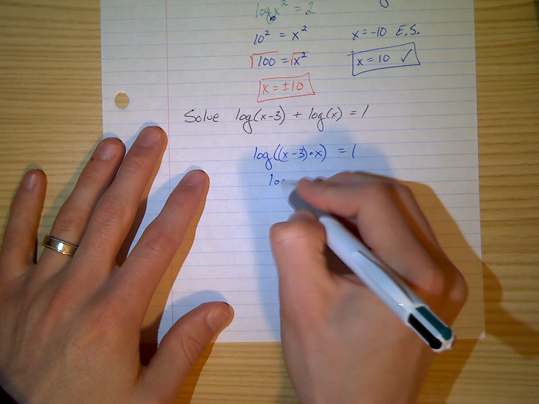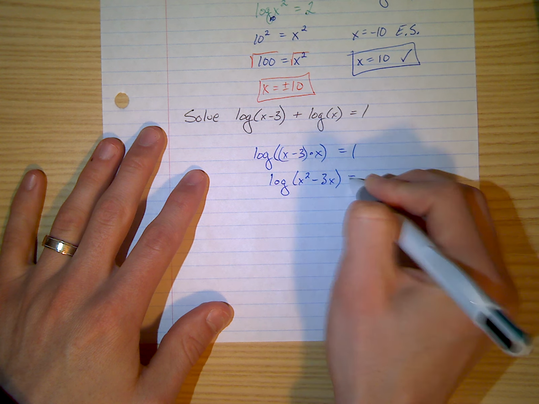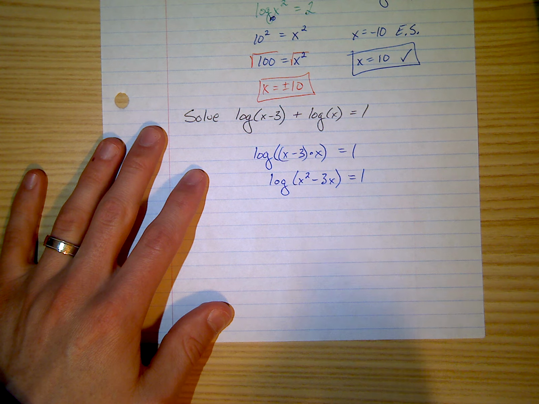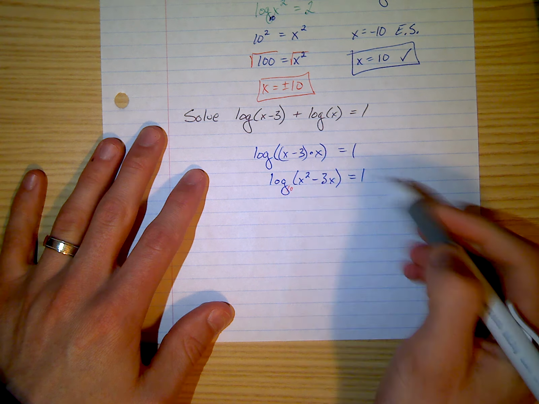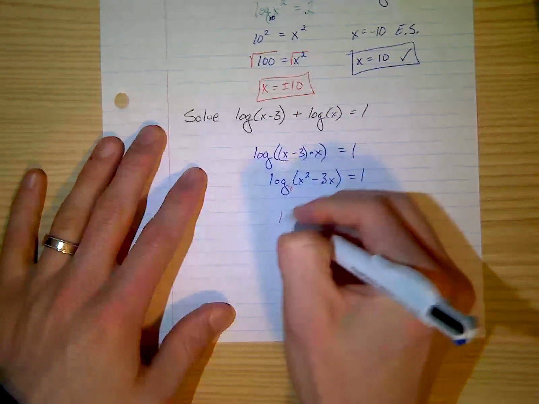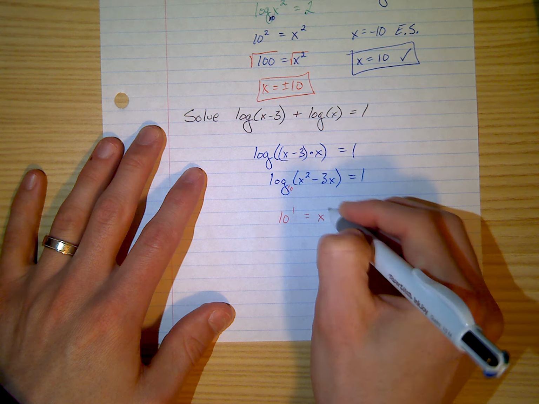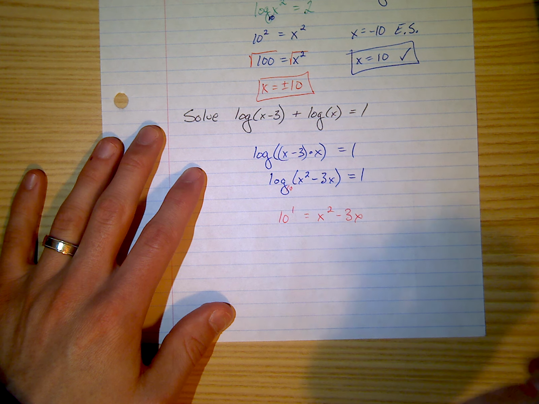So this becomes the log of x squared minus 3x is equal to 1. The logarithm is by itself, base is 10, so we have to convert to exponential form. So we have 10 to the first power is equal to x squared minus 3x. Well, 10 to the first power is just 10.